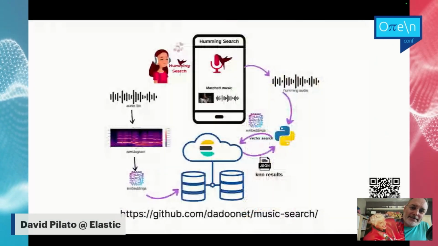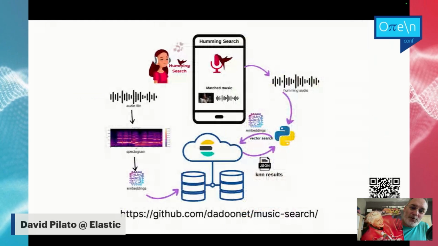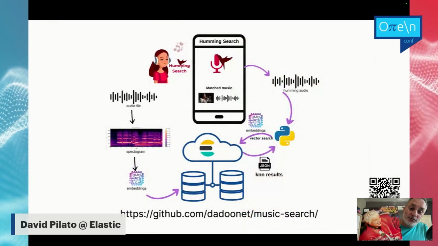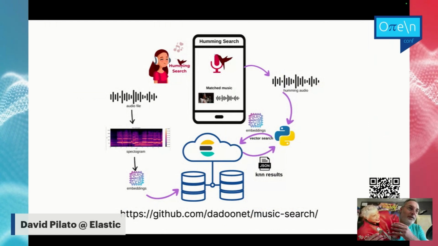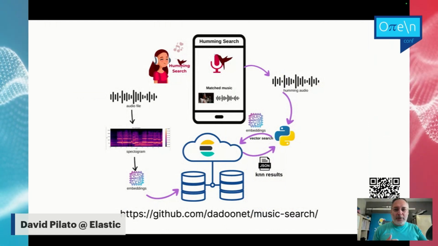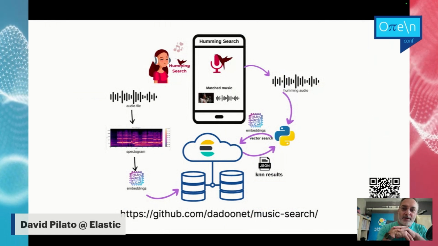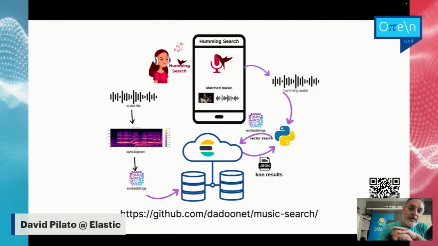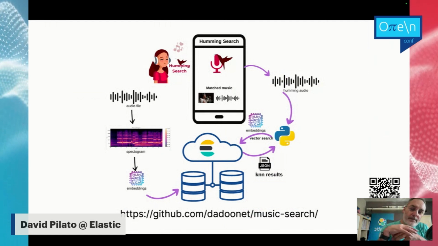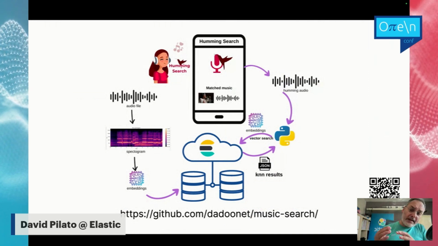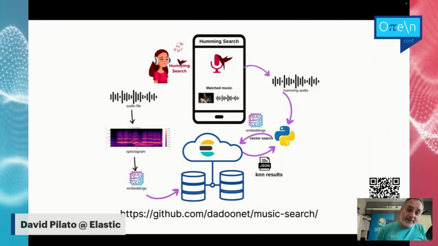The goal of this is to show you a demo using search and music. So we want to search for music. Here I have some records, but this is not what I'm going to show you. I have some audio files on my laptop, and I'm going to use a machine learning model which is going to transform each audio file into a vector representation, and then index that into Elasticsearch.